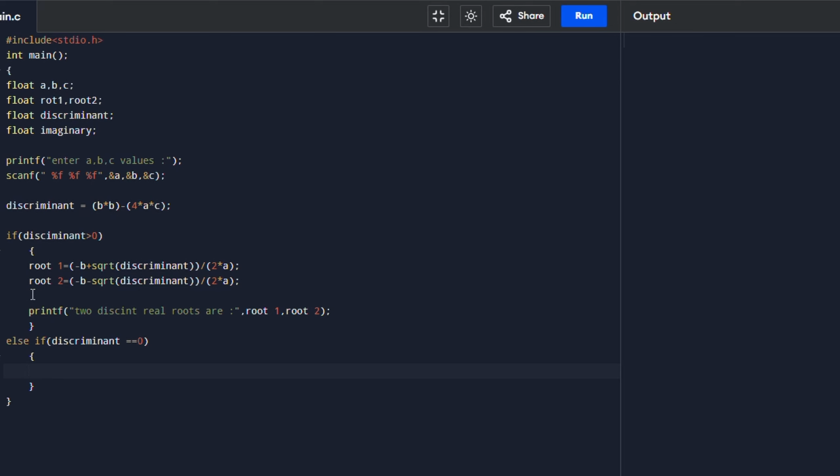So we'll be writing root 1 is equal to root 2 is equal to minus b by 2 star a.